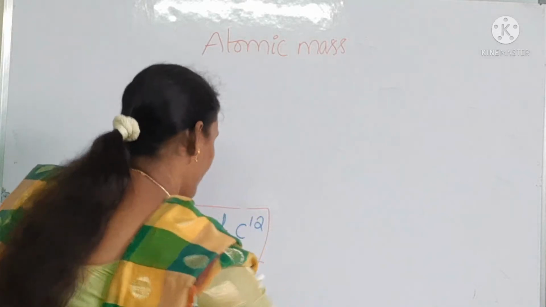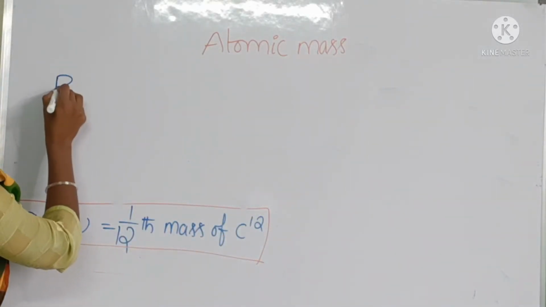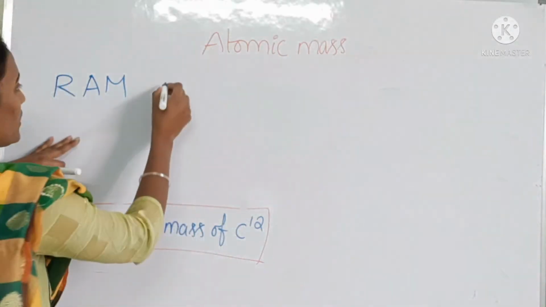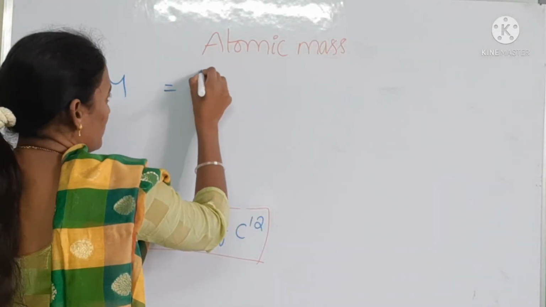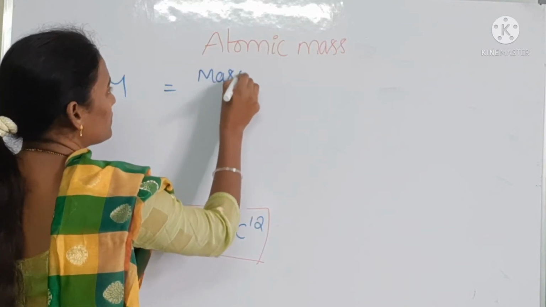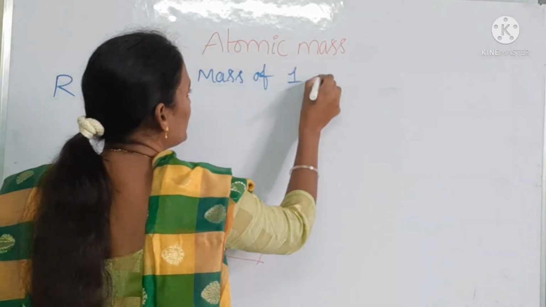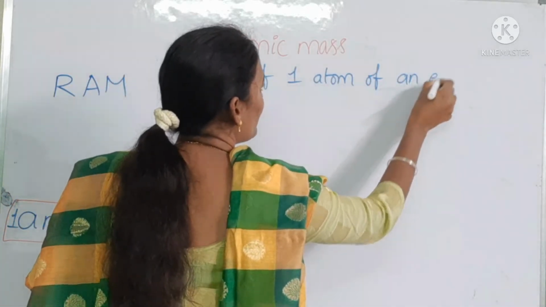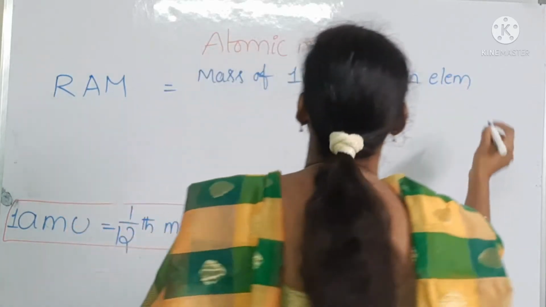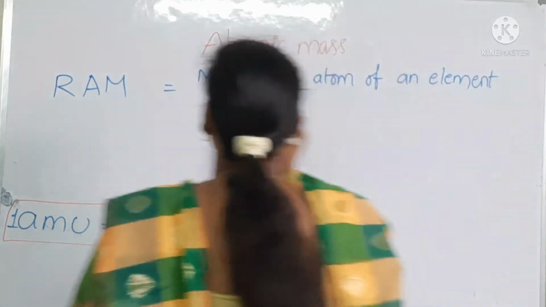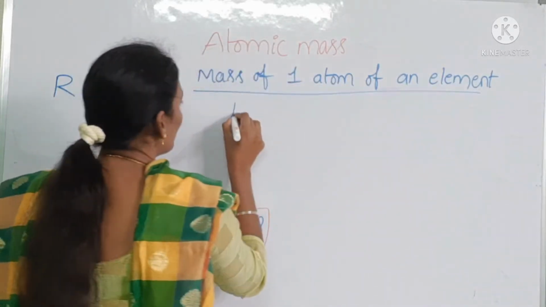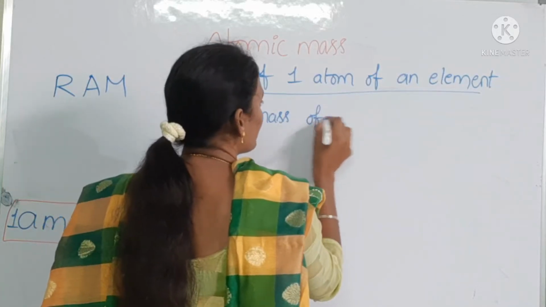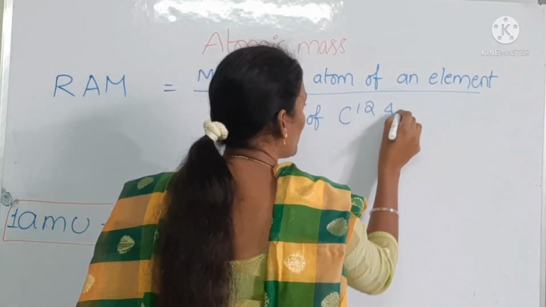See, this we can write like this also. Atomic mass, also known as relative atomic mass of an element, is equal to the mass of one atom of an element divided by 1/12th mass of the C12 isotope.